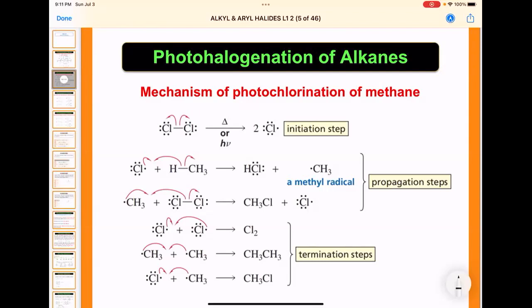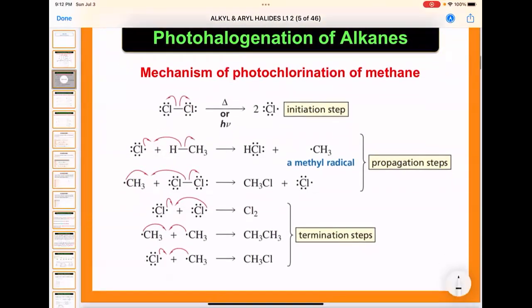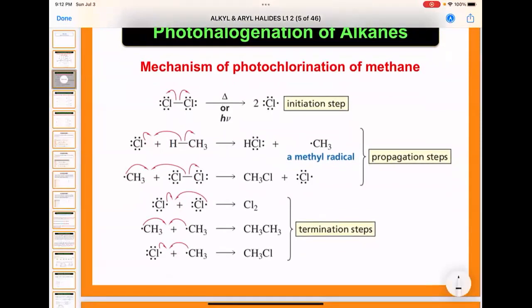As you can see over here, these Cl radicals will attack and break the H, because everywhere they have the alkanes around them. They will collide with the alkane because Cl radical already has one electron, it will collide with hydrogen, and you get HCl and methyl radical.